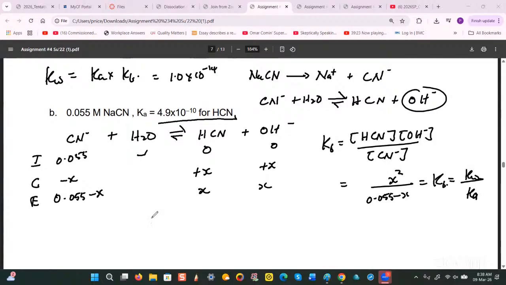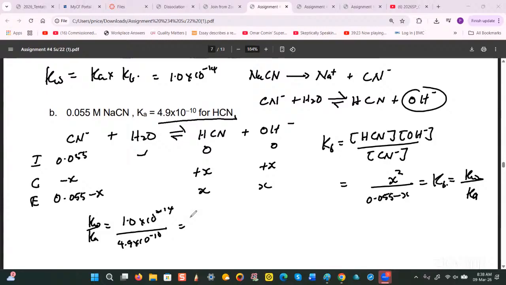So therefore, Kw divided by Ka is equal to 1.0 times 10 to the minus 14 divided by 4.9 times 10 to the minus 10. According to my calculation, let me do this again.